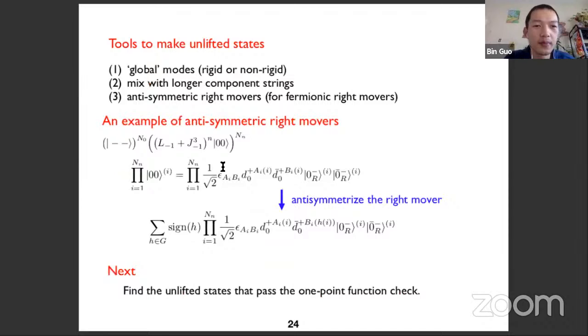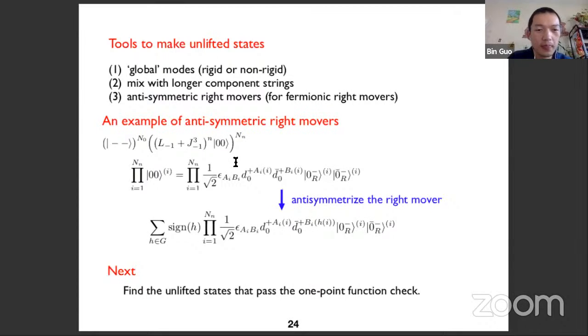So the tools we have to make unlifted states are the following. We can use the global modes. It can be rigid, like the superstrata, or non-rigid, the higher modes. We can also mix with longer component strands, and we can use antisymmetric right movers if the right movers are fermionic.